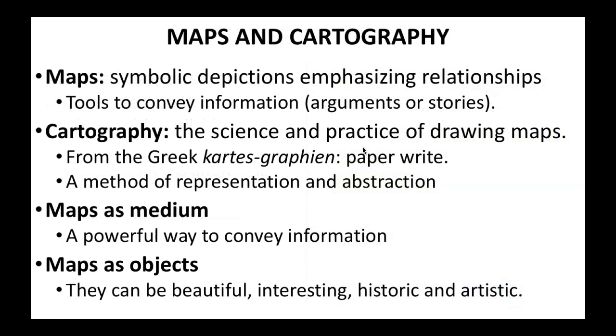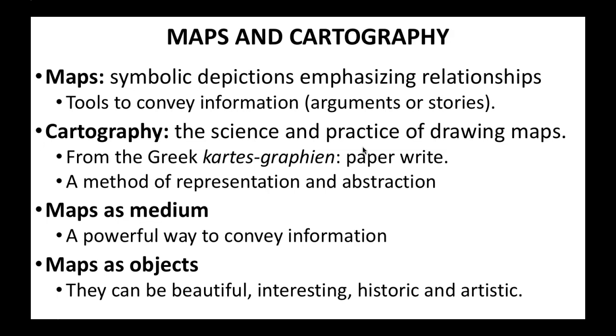So entering into our field, this course is on cartographic design and we're going to focus on maps. We should remember that maps are symbolic depictions emphasizing relationships, and these are tools to convey information. We should think of a map as making an argument or conveying a story, and the different elements of that map coming together to support that argument or to tell that story.